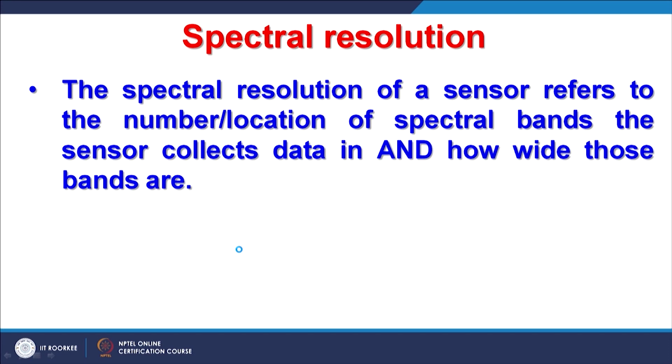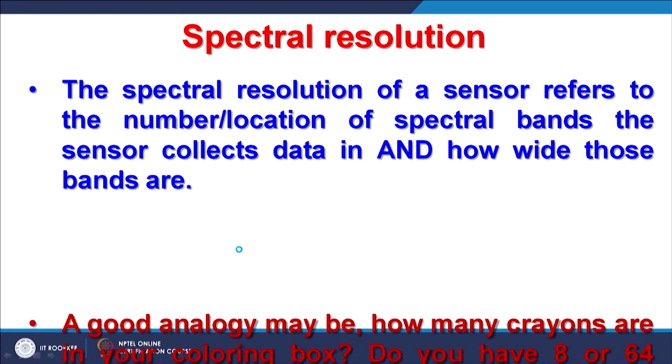Remember, the narrower the band, the higher the spectral resolution, and the broader the band, the lower the spectral resolution. Whereas in case of spatial resolution, the smaller the size of the pixel in terms of area, the higher the spatial resolution. And here also, the smaller the bandwidth, the higher the spectral resolution.